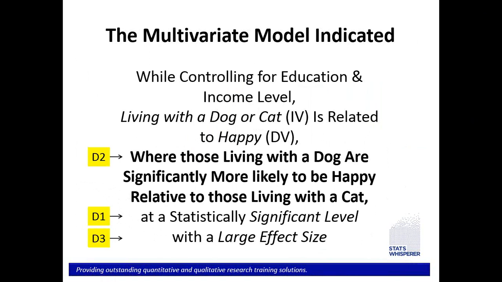That's our dimension 2, our directionality: living with a dog, the direction is more likely to be happy, at a statistically significant level, or dimension 1, with a large effect size, our third dimension of the variable relationship.